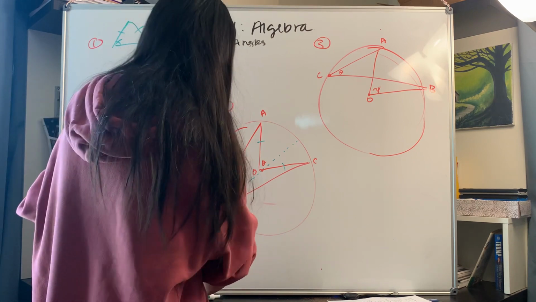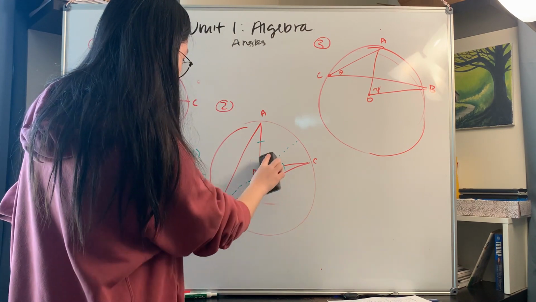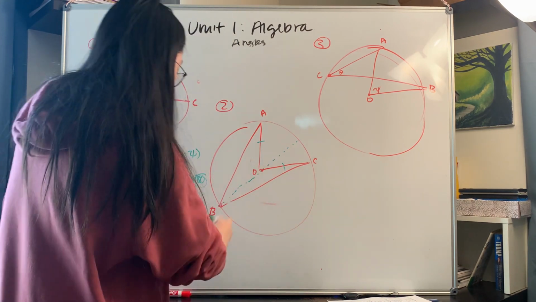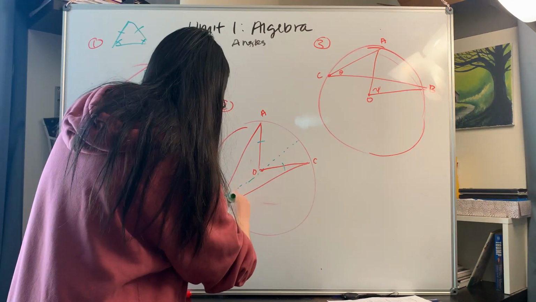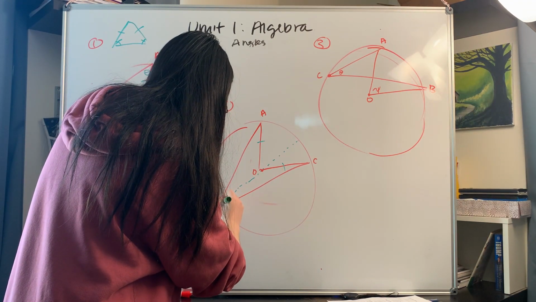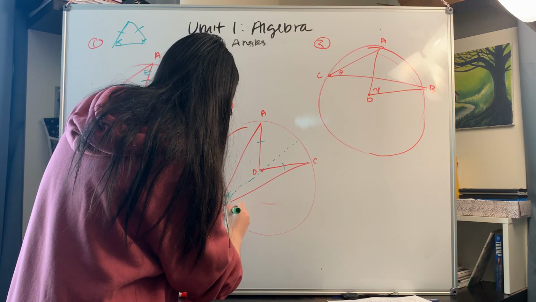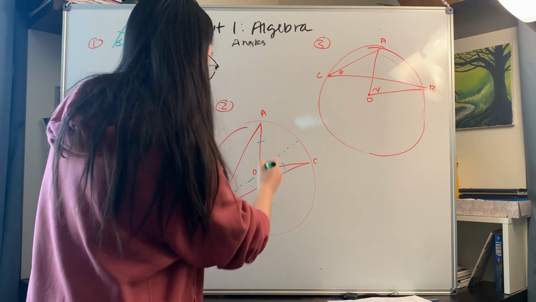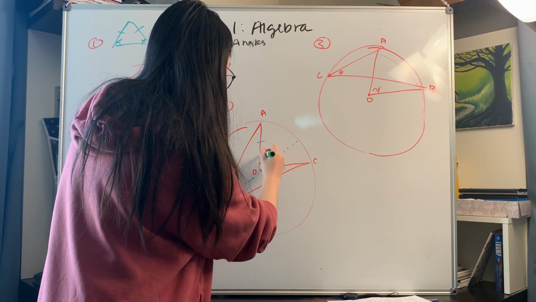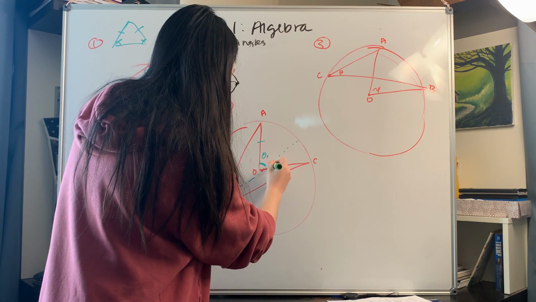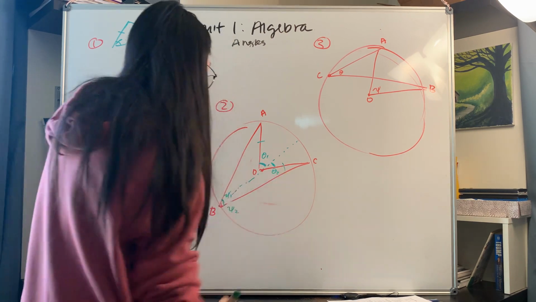So instead of using psi, I'm going to rename these angles. Rename this one psi 1, and this angle right here psi 2. Then I'm going to rename this angle theta 1, and this angle theta 2.